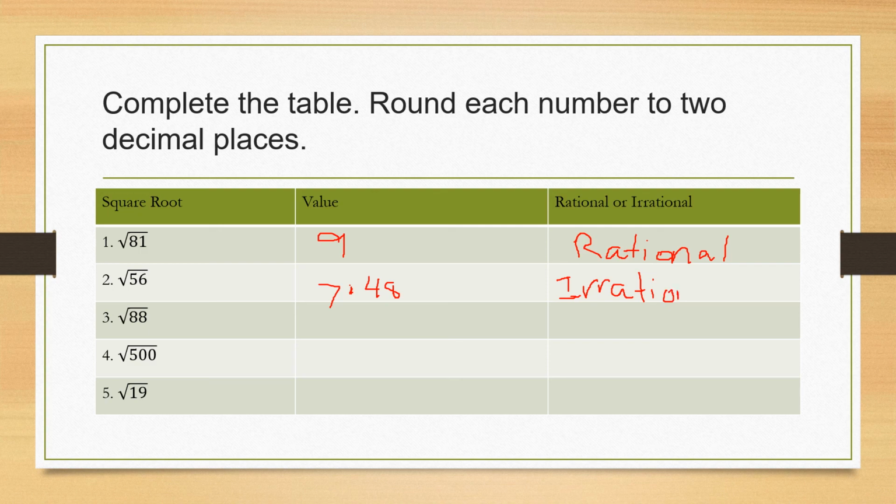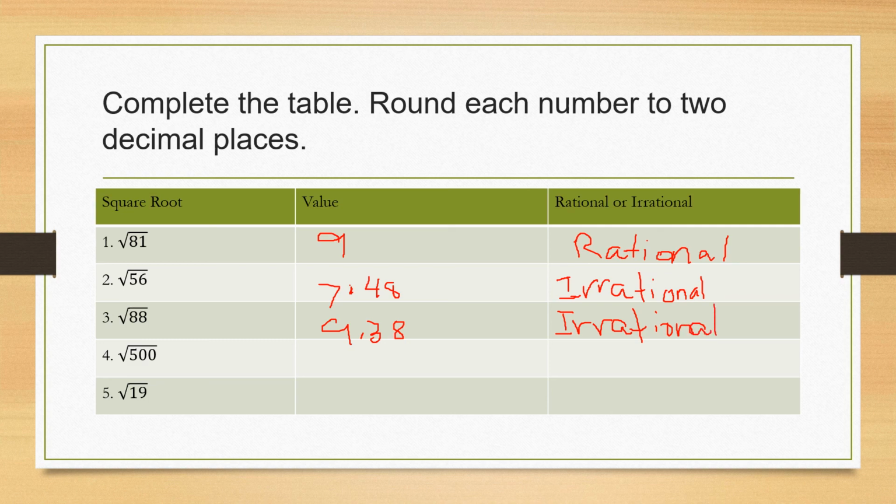Okay, so it's irrational. Next, what about square root of 88? The square root of 88 is 9.38. Okay, 9.38 is also rational or irrational? It's also irrational, so it's not rational. So irrational siya.